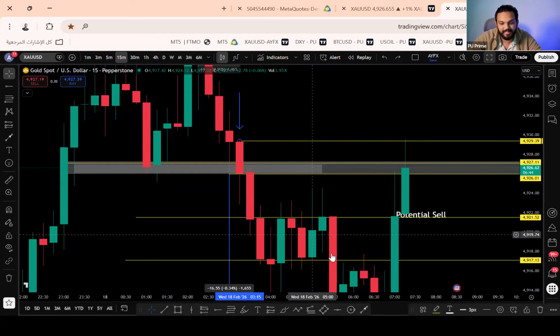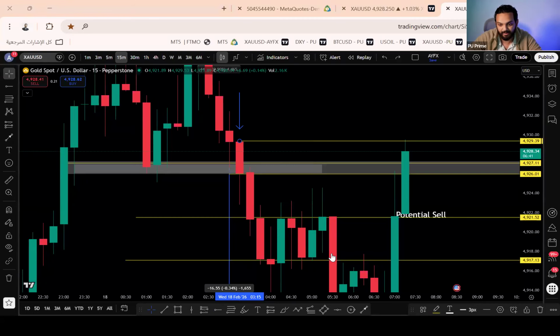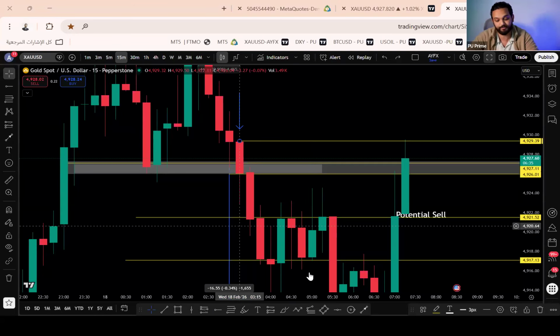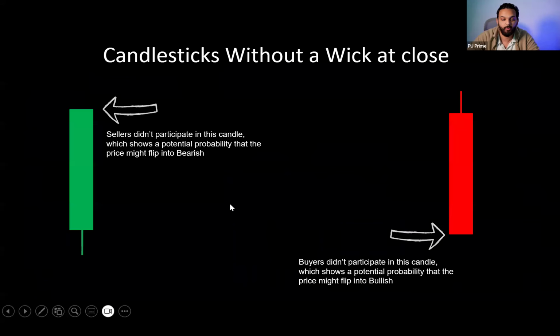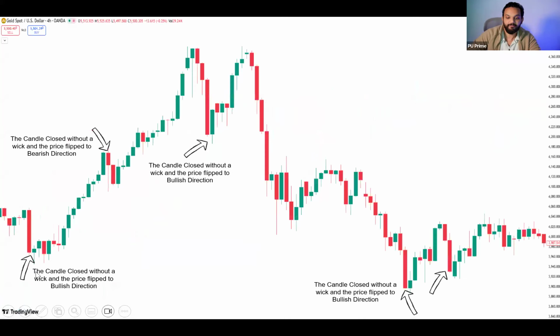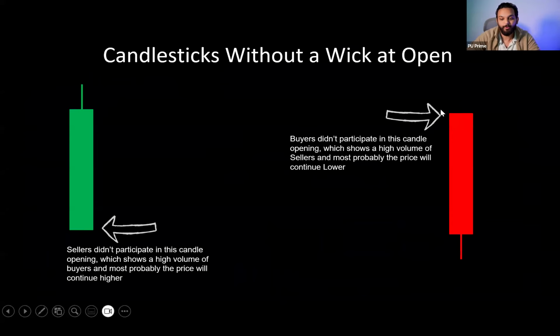So what does this actually mean when a bearish candle opens without a wick at the top? This is what I want to explain here, guys. If I find a candle that opened without a wick, what does this mean?